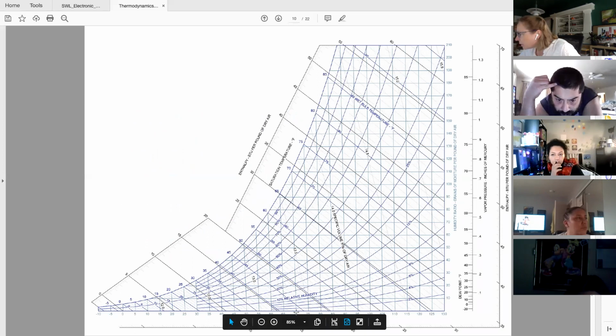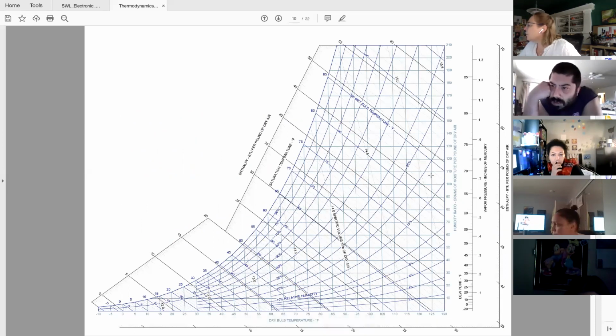So we have 70 down here, and we're going to go all the way up to 100% humidity here and follow the line over, gives us exactly 110 grains of moisture per pound of dry air, or our specific humidity, our humidity ratio.